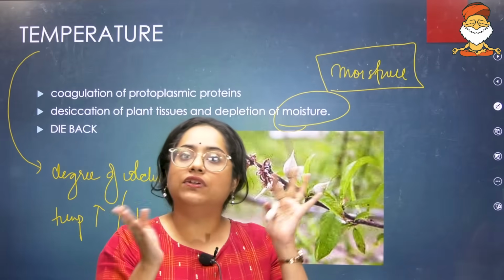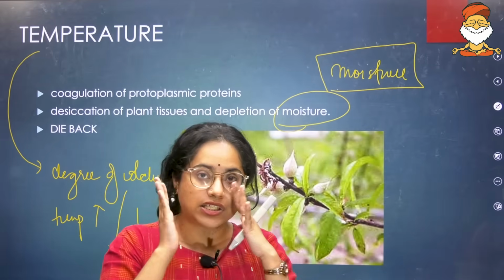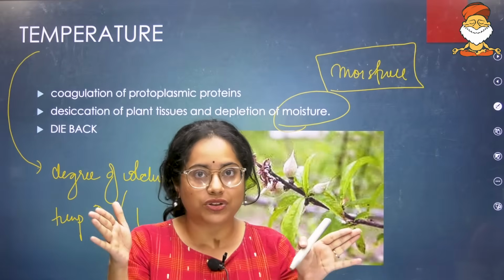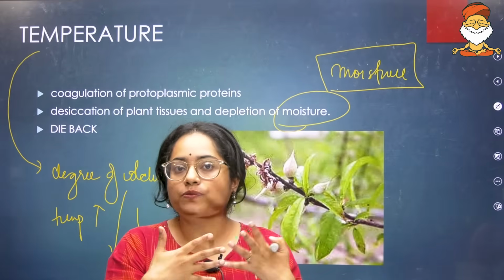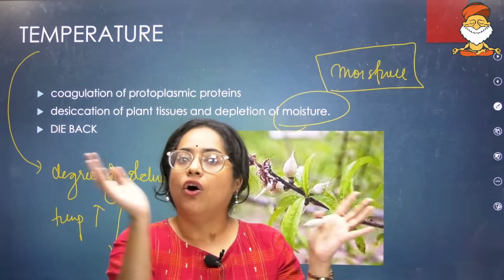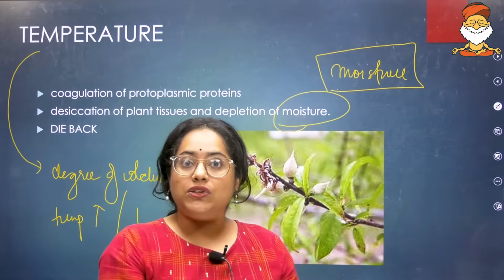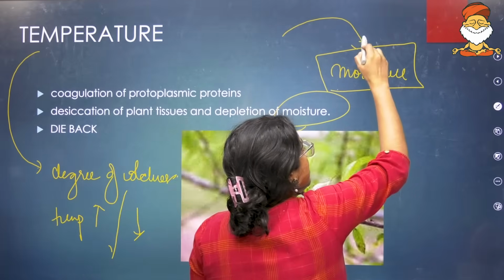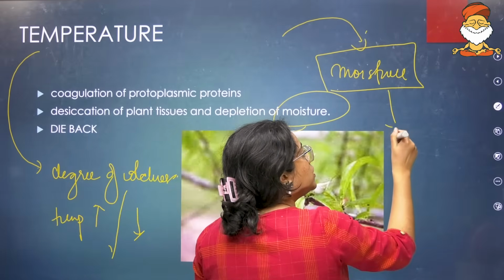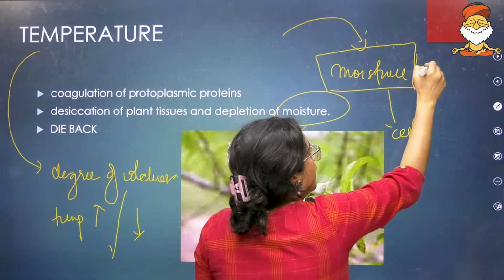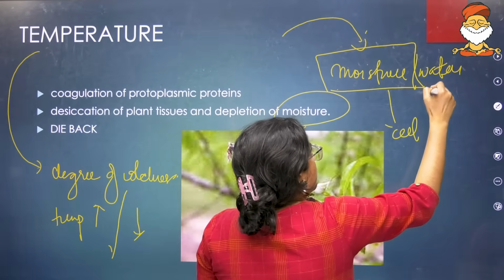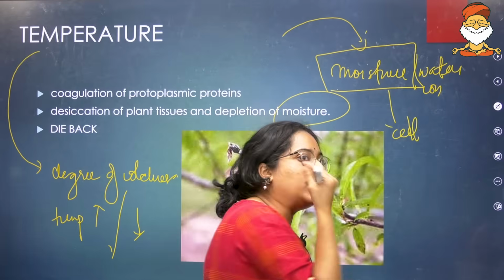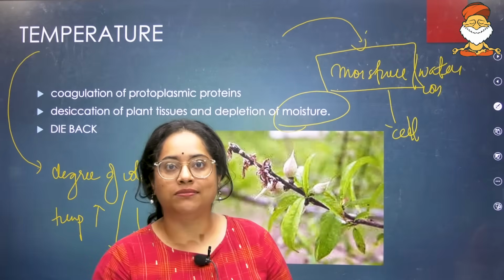In whatever cases, each organism has an ideal set of temperatures where it can grow. If it goes beyond it or lower than that, the temperature affects the moisture, and moisture is so important because moisture means the water content which is there in every cell of the organism.